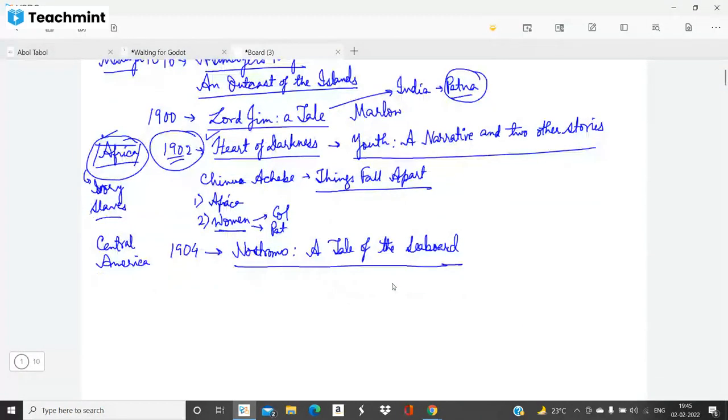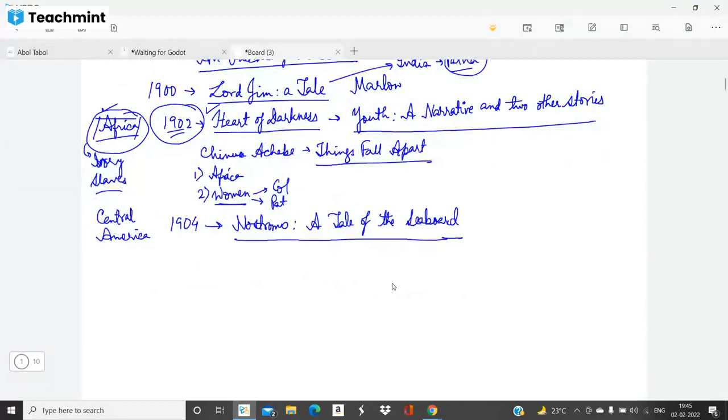In 1907, Conrad shifted his focus a bit and wrote a detective story called The Secret Agent. This one also has a subtitle, and the subtitle is A Simple Tale.